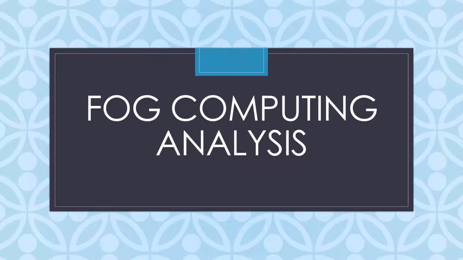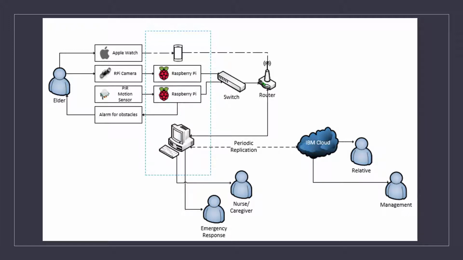Fog computing analysis. We have restructured our previous connectivity diagram, and the fog devices identified are within the box with blue broken lines, as you can see in the diagram below. Everyone has a smartphone and it can connect to the wireless access point via Wi-Fi.